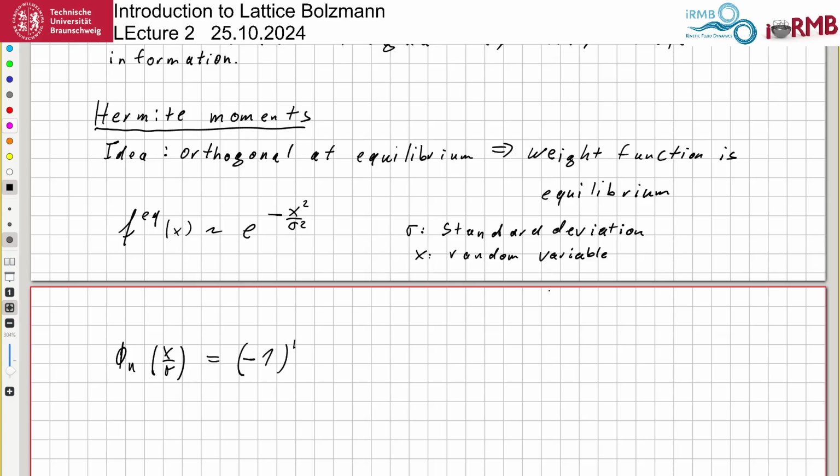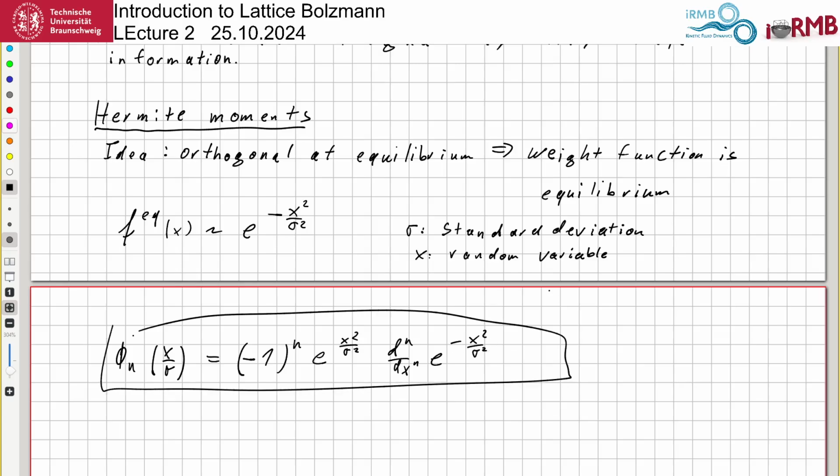I hope this is all correct, because I wrote it from somewhere. I don't know this by heart. So it's minus x to the power of n, and then e to the power of x squared divided by sigma squared, and then we take the nth derivative of e to the power of minus x squared divided by sigma squared.